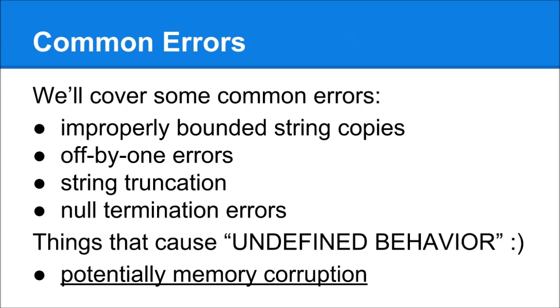Like 1 divided by 0, right? Who's ever going to need to do that? That shouldn't be valid. So in many cases, undefined behavior potentially causes memory corruption, and that is a superset of bug cases in which you will usually find memory vulnerabilities. And so that's what we're going to focus on.